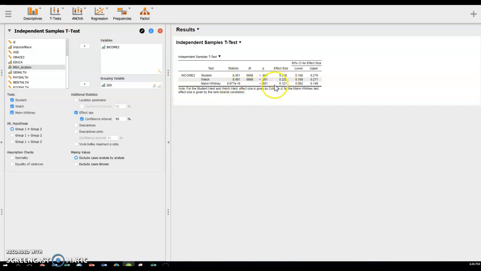So here we see that we do have a smaller effect size, and this is probably a little more accurate. We're essentially assuming that the male and female distribution is the same. We could look at that, but essentially what we're looking at is the median male income different than the median female income.